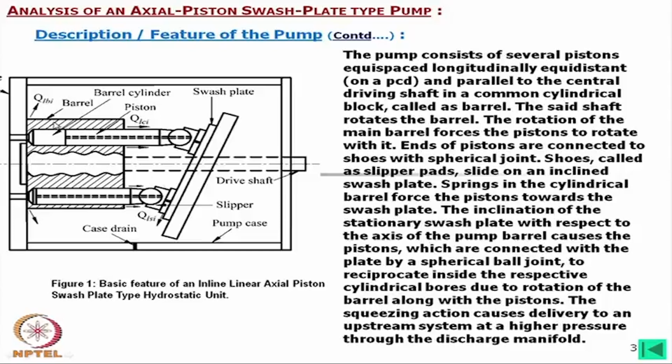While it is moving in these directions, there is no pulling; only by a spring arrangement is this kept in contact with the valve plate as well as the swash plate. The squeezing action causes delivery to an upstream system at a higher pressure through the discharge manifold. In case of the motor, the phenomenon is vice versa.